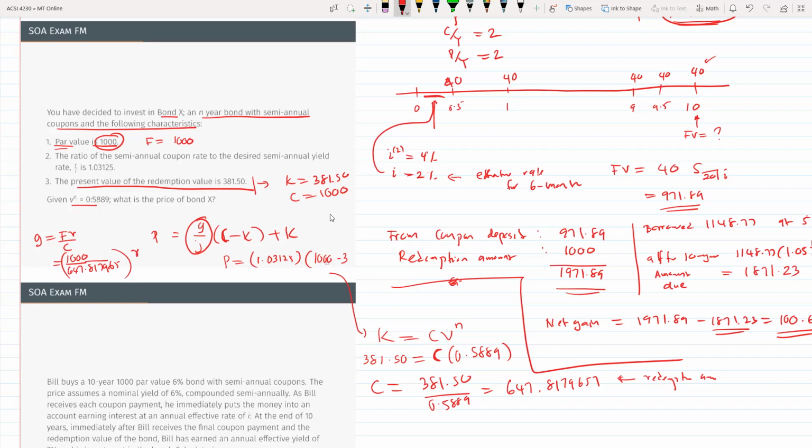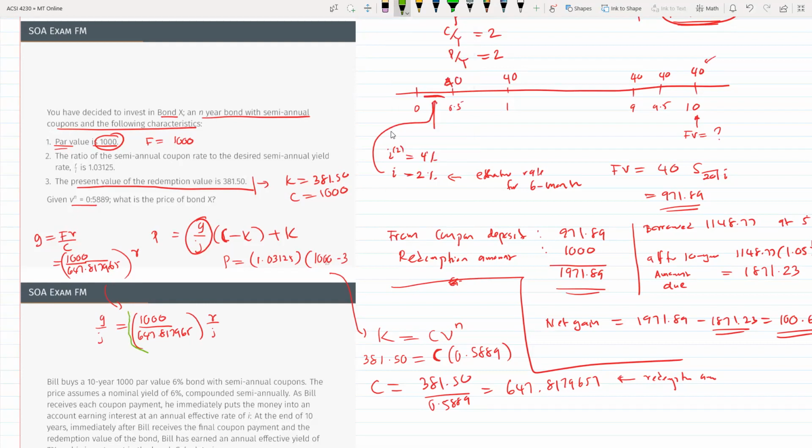Okay, and then G divided by J is going to be, from here you can see, G over J is basically 1000 divided by 647.817965 times R divided by J. Let me use a different color.